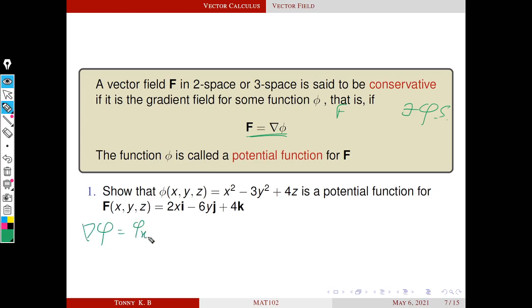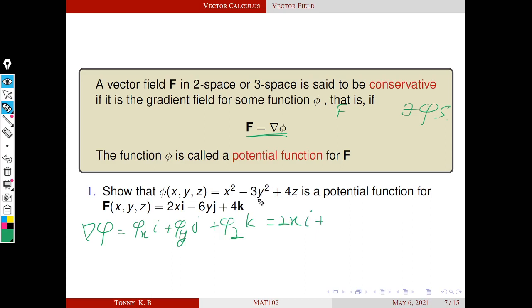Del phi is phi x i plus phi y j, because it's a three variable function, plus phi z k. Okay, what is phi x? To differentiate this with respect to x, we get 2x i. What about phi y?